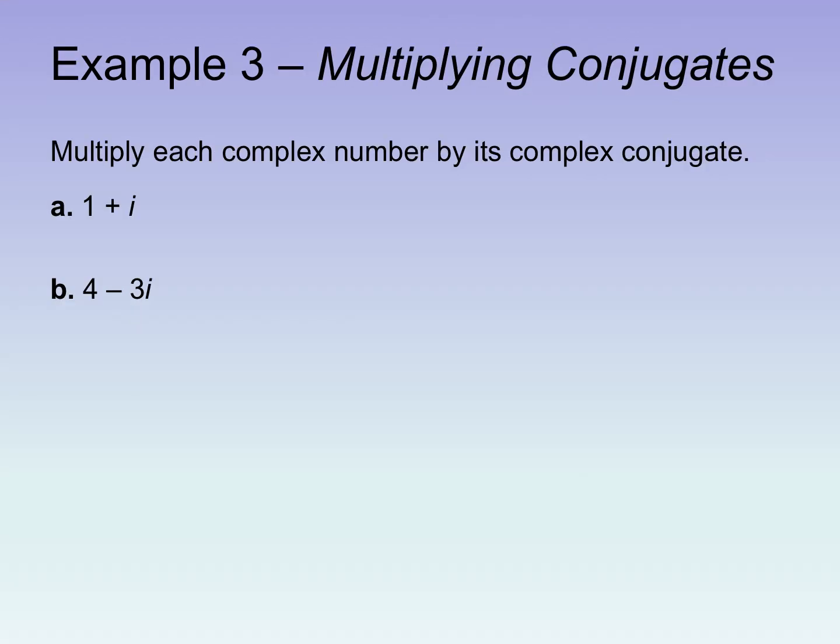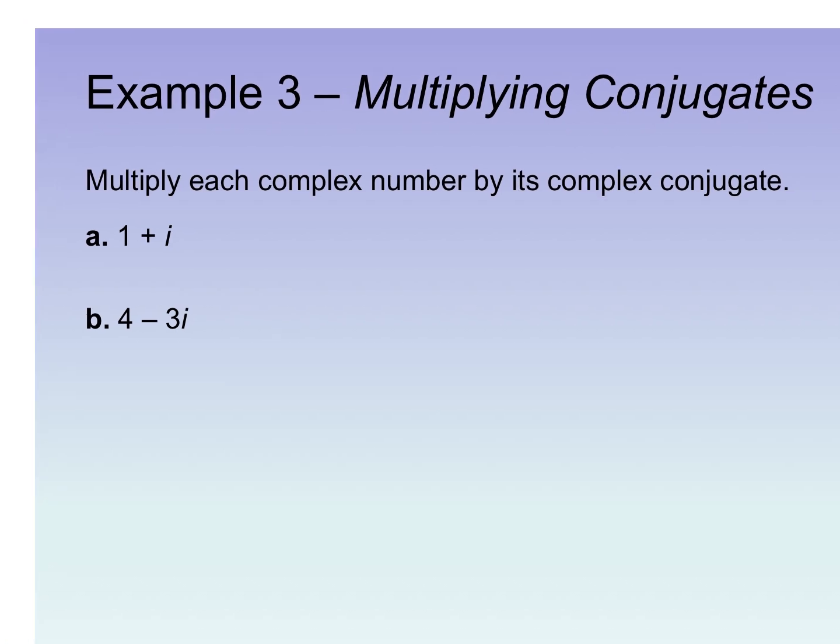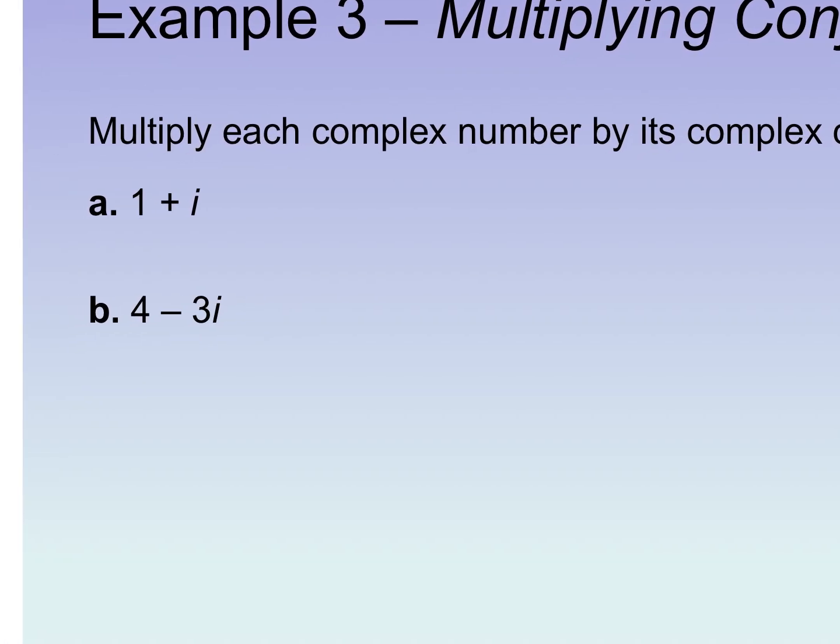So in example 3, it says multiply each complex number by its complex conjugate. So 1 plus i, what would the conjugate of this be? 1 minus i. So we can do our conjugate shortcut. I'm just going to do the regular shortcut, a squared minus b squared. So we get 1 squared minus i squared.